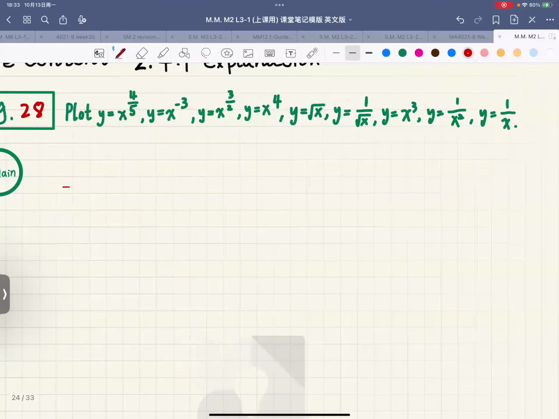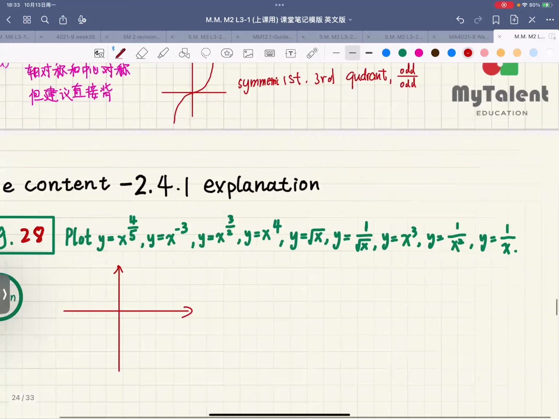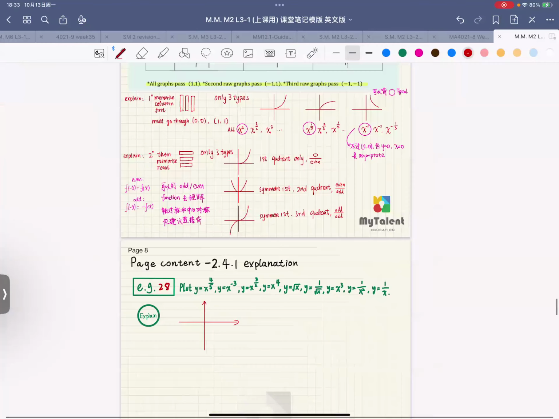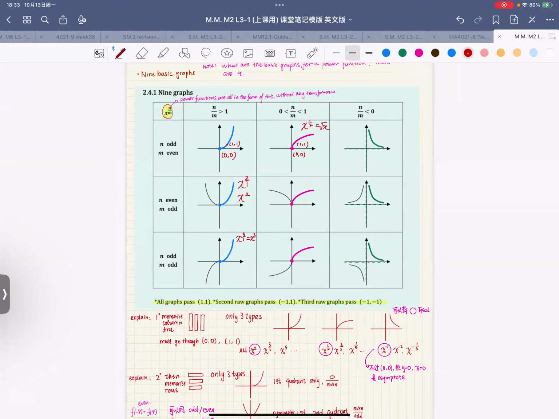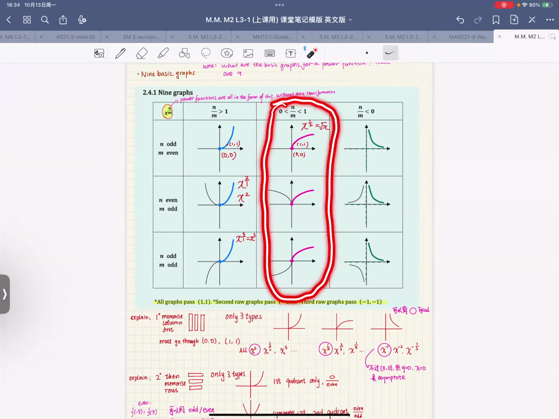Let's plot y is equal to x to the power of 4/5. All right. So 4/5 is between 0 and 1, right? It's between 0 and 1. And 4 is even, 5 is odd. So you will see it's basically in this column, because it's between 0 and 1.